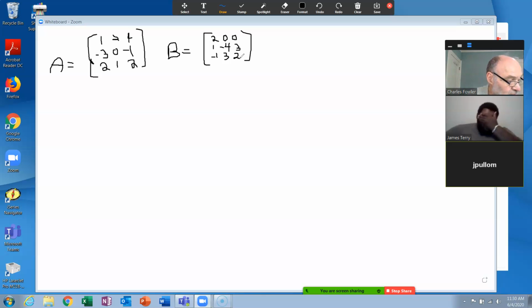Now they want us to do three things with this. First thing they want us to do is find 3A. That's the scalar multiplication of the scalar 3 times the matrix A. Can anyone just tell me what to write down as that answer?